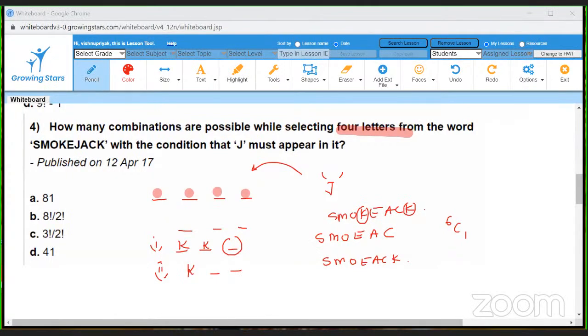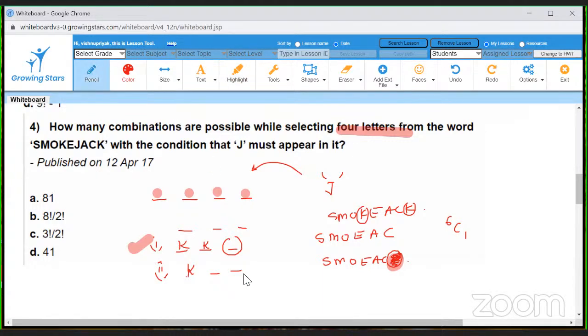That means we are taking only 1K is the case. So we can't take the other K, completely cut it off. Why? If you take the other K also, that will come under the first case. So now we have already taken 1K.